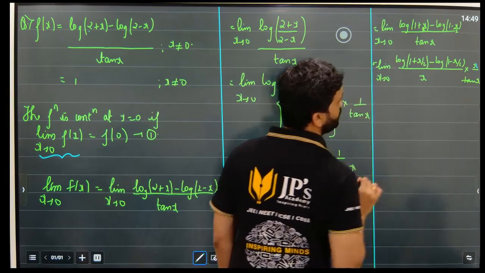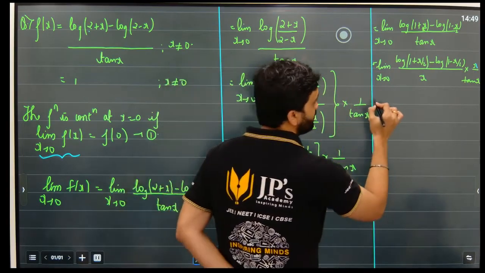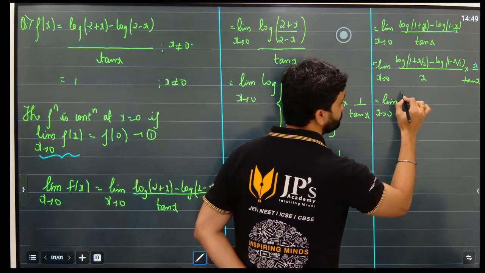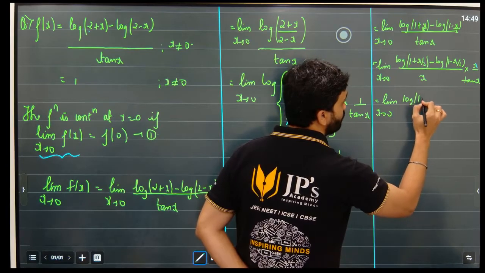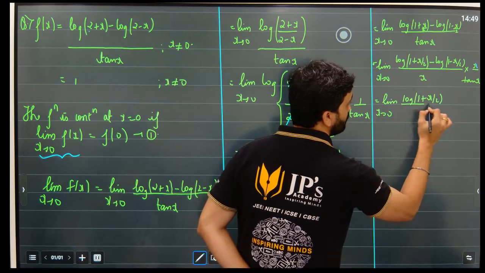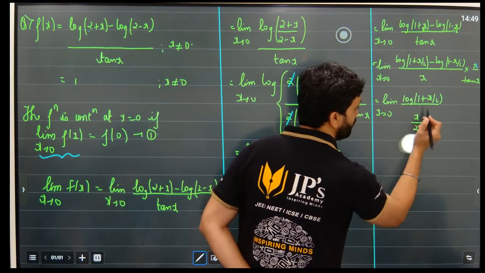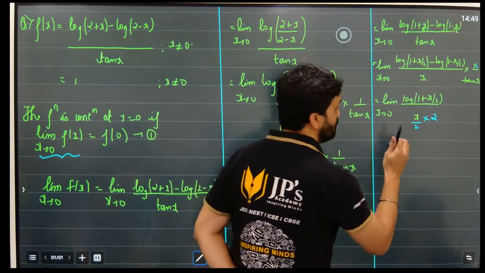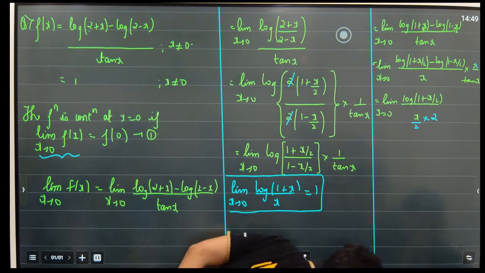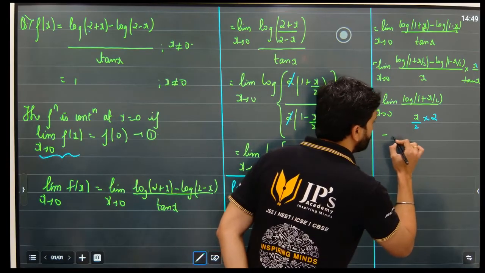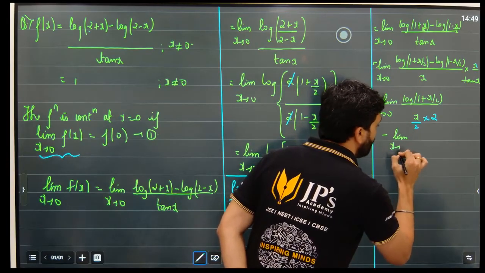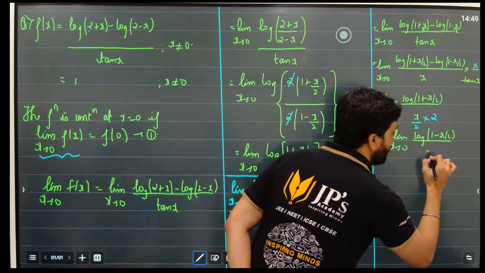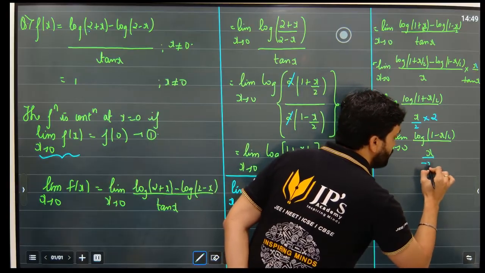Now we know that x upon tan x is 1. Now I can separate it. So I am going to write all the 3 terms differently. Limit x tends to 0 of log of 1 plus x by 2, and here I will multiply and divide by 2, since there is an x here, minus limit x tends to 0 of log of 1 minus x by 2, and here there is x, so I will multiply and divide by -2.